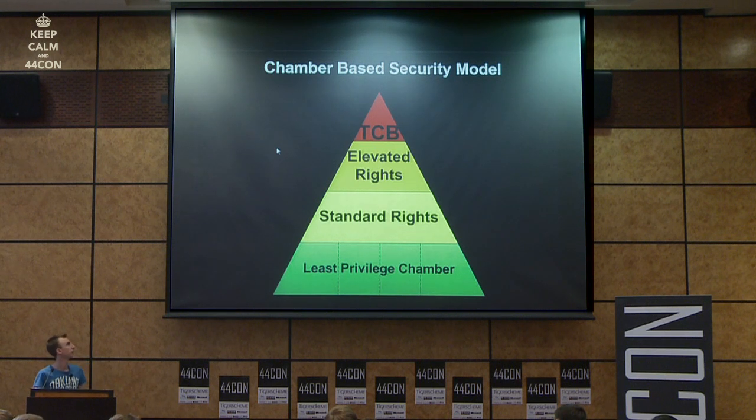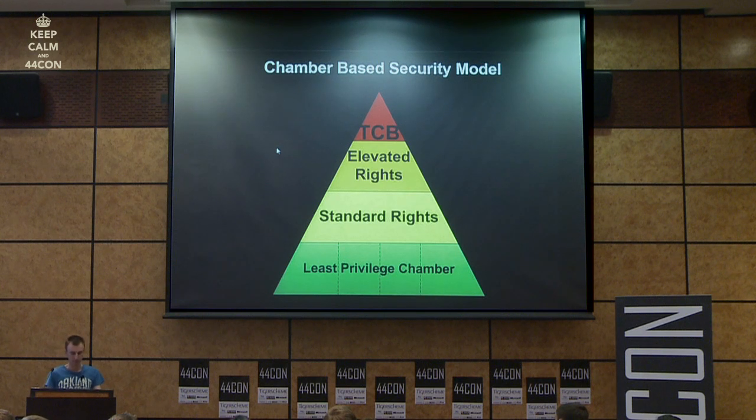Then you have the elevated rights chamber. Elevated rights is for services which need to be published globally across the device, things like user mode device drivers, ones which don't need to run in the TCB.